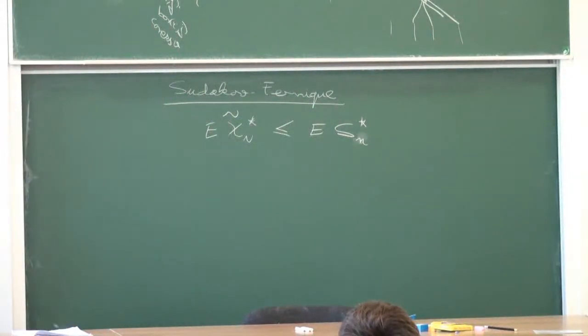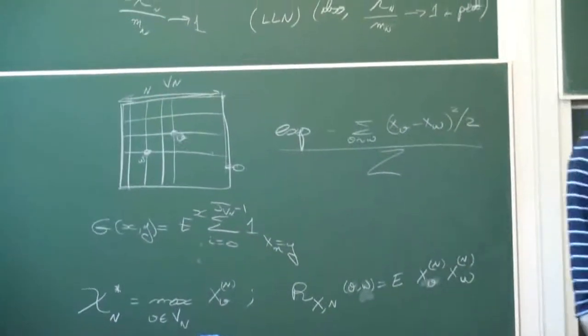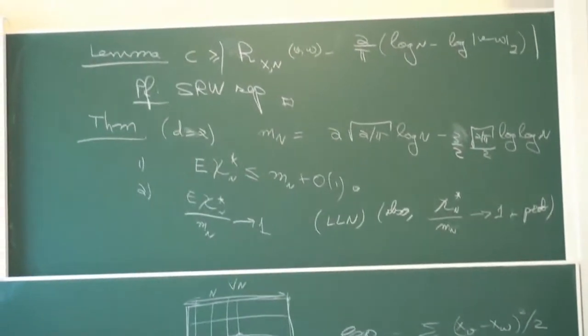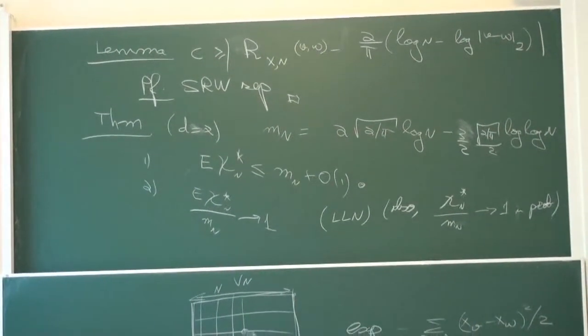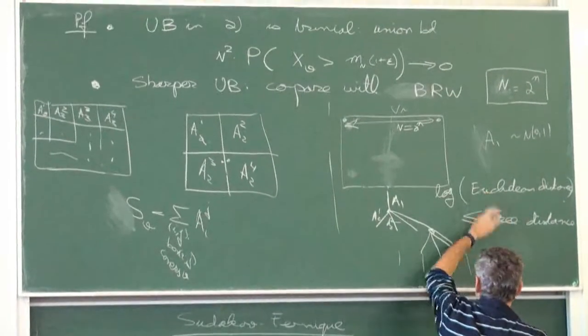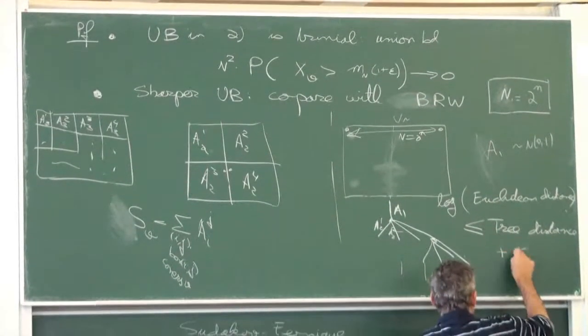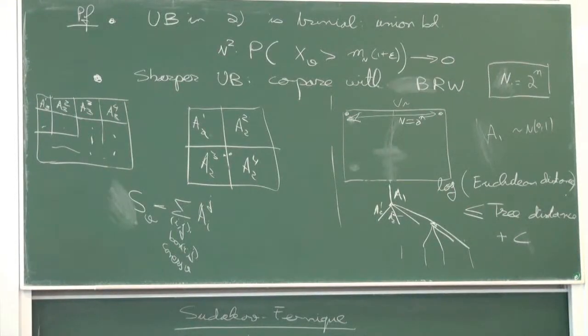This gives me the first point. Now, why plus order 1? Because I've cheated a little bit. This was true only up to a constant, and also in the covariance I have a constant, so the whole thing is up to a constant.